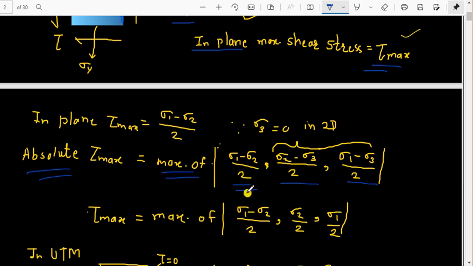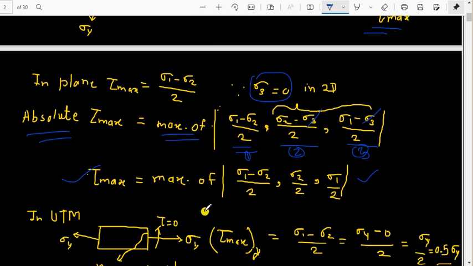Whichever is the maximum of these three shear stresses, that we will consider as the absolute maximum shear stress. We will discuss only 2D stresses. Just for your information, I will put sigma 3 equal to 0 because it is a two-dimensional case, so this value becomes 0 and we get the absolute maximum shear stress.